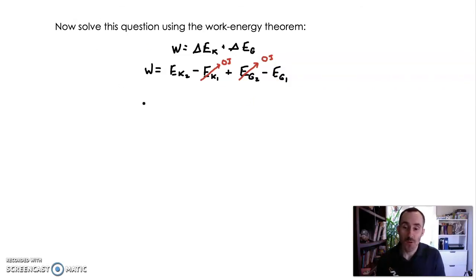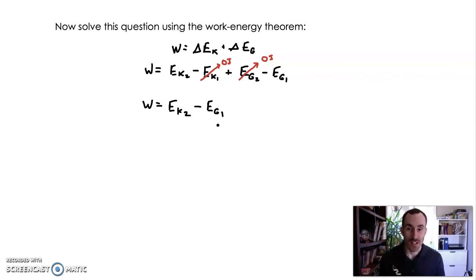And so now when we rewrite this formula, we get work equals the kinetic energy at the end minus the gravitational potential energy at the beginning. If we think about this, what we're really looking for, how much work was done, is the difference between the energy we had at the beginning and the energy we had at the end.